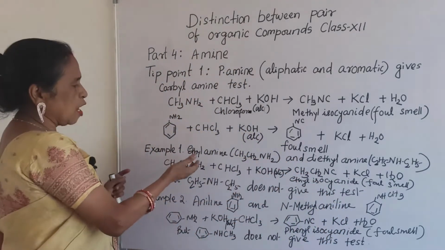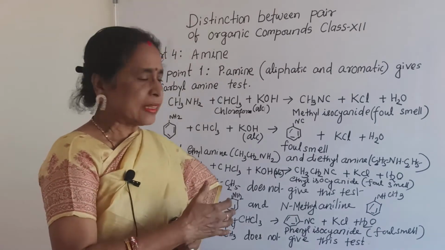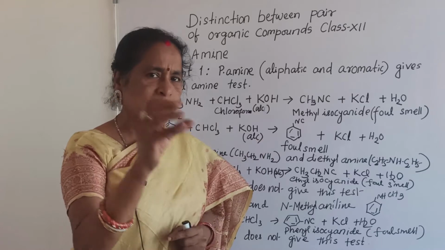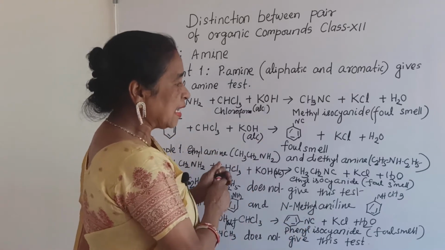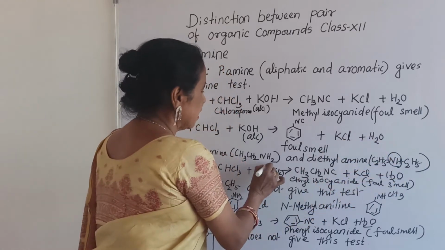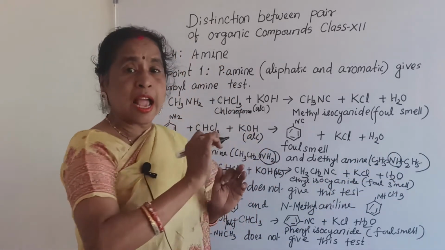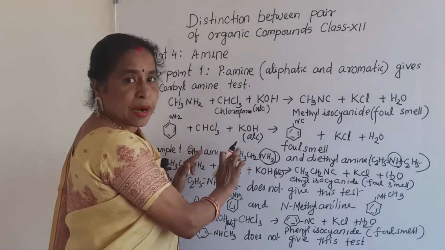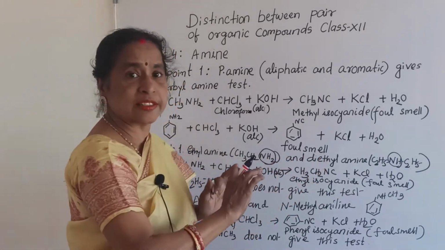Now you can take the example ethylamine. Ethylamine is CH3CH2NH2, that is primary because the NH2 group is attached. And in diethylamine, see here, only one ethyl group is attached to each side, and the nitrogen bears two alkyl groups. So ethylamine is primary, whereas diethylamine is secondary.